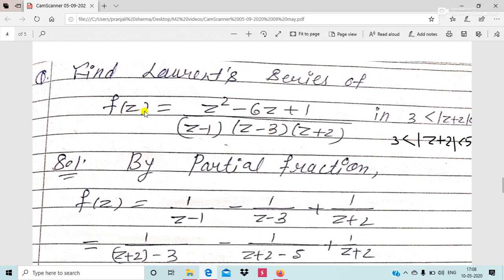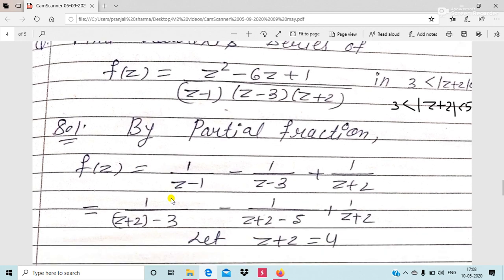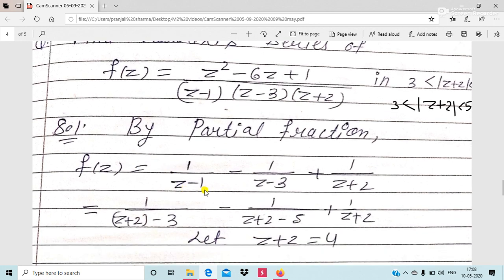When we do partial fractions of f of z, it will be 1 upon z minus 1 minus 1 upon z minus 3 plus 1 upon z plus 2.